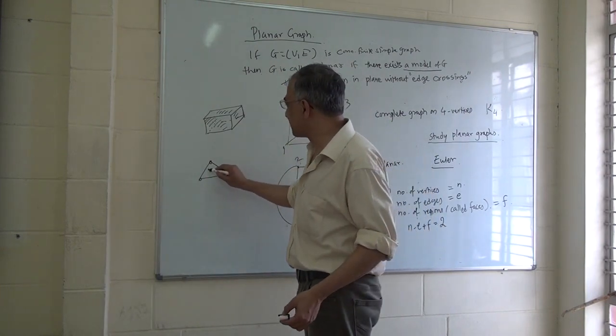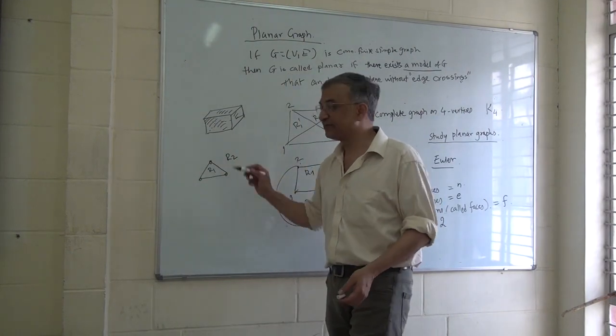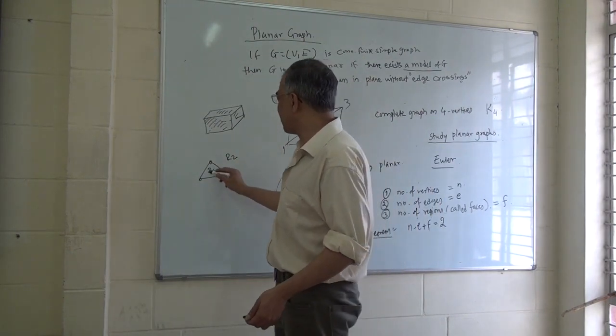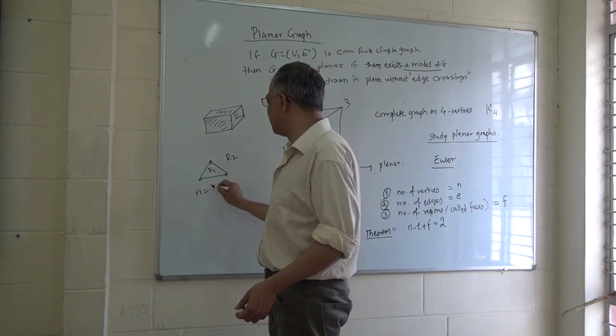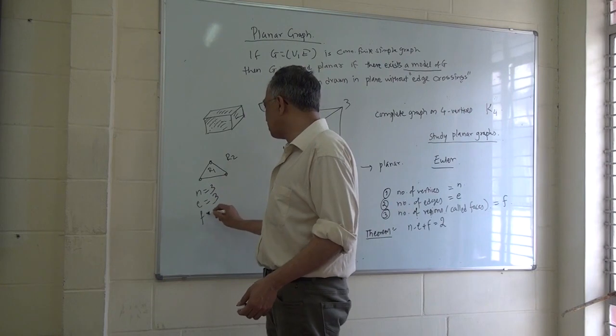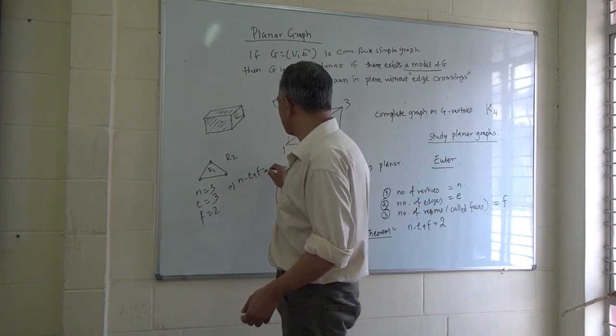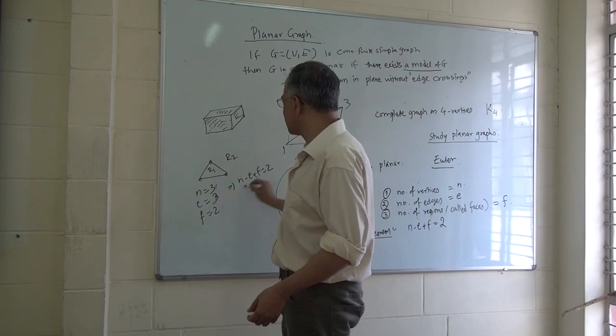How many regions are there? R1 and R2. Remember we also have to count the infinite region. So R1 and R2, and the number of vertices n is equal to 3, e is equal to 3, and f is equal to 2. So this implies n minus e plus f is equal to 2, because the 3s cancel and you get 2.